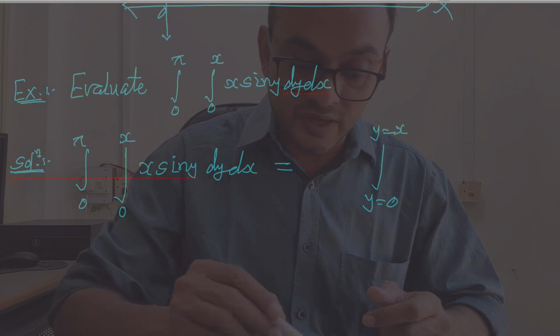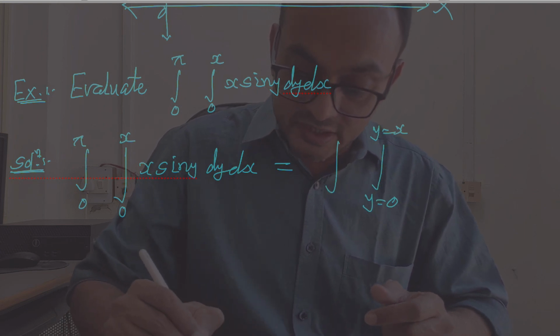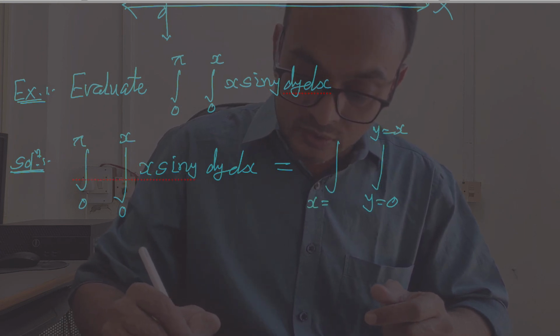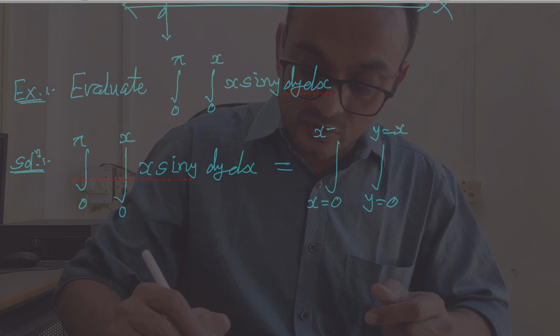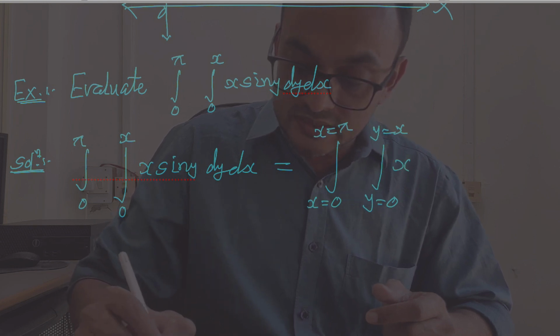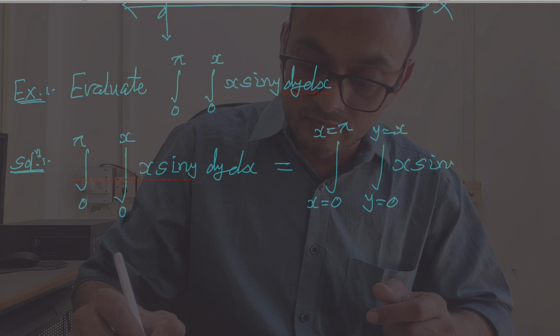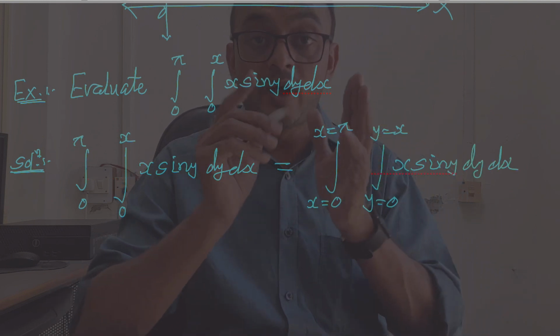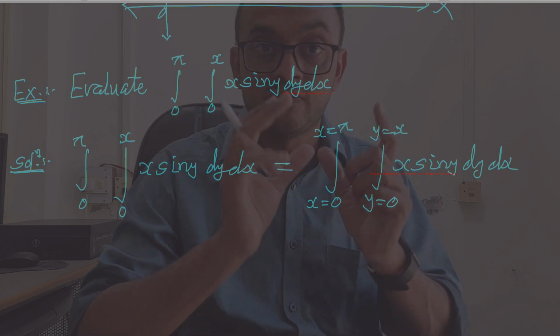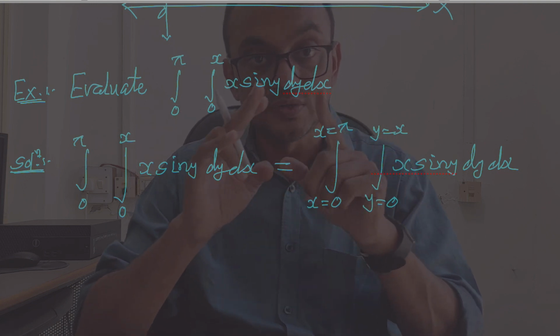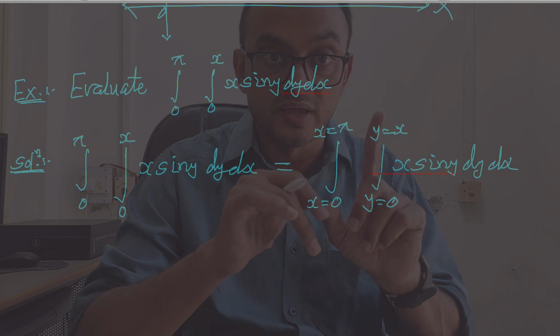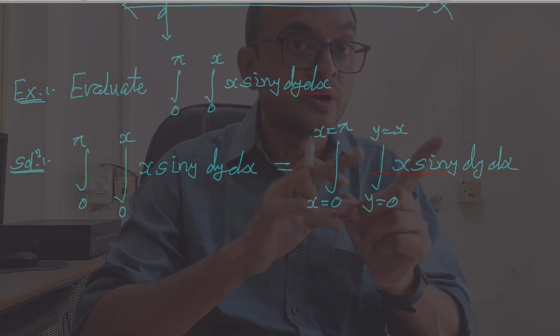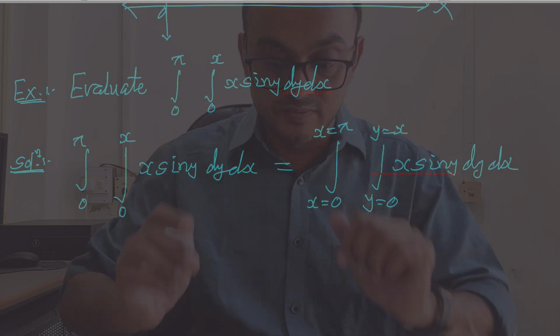Clear? So I write integration x is equal to 0 to x is equal to pi x sine y dy dx. You have to be sure about this, that first observe which are the limits of x, which are the limits of y. Keep in mind, outer limit is always constant.